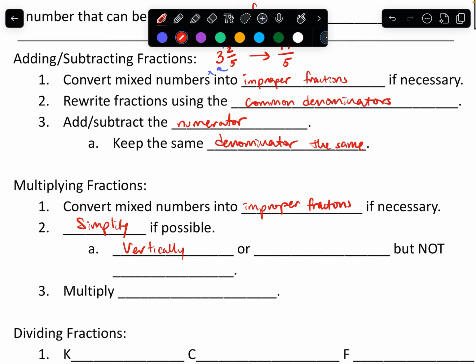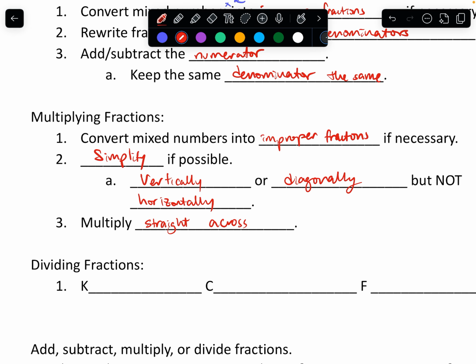If you have 2 over 4, you could simplify that. Or you could simplify diagonally, and I'll show you in a little bit when we do a couple of examples together, but you cannot simplify horizontally. The last step is to multiply straight across, both the numerators and the denominators.